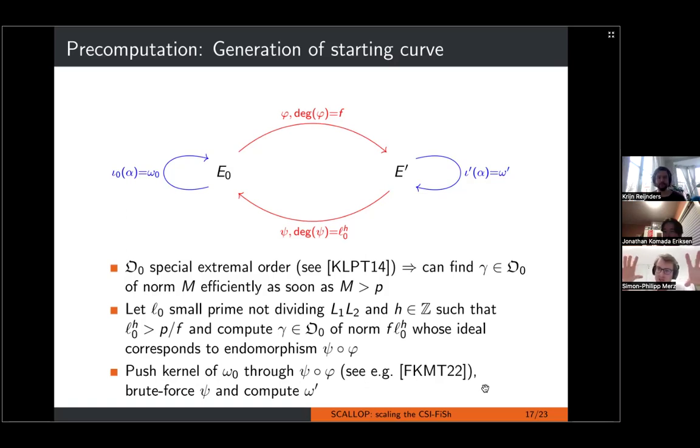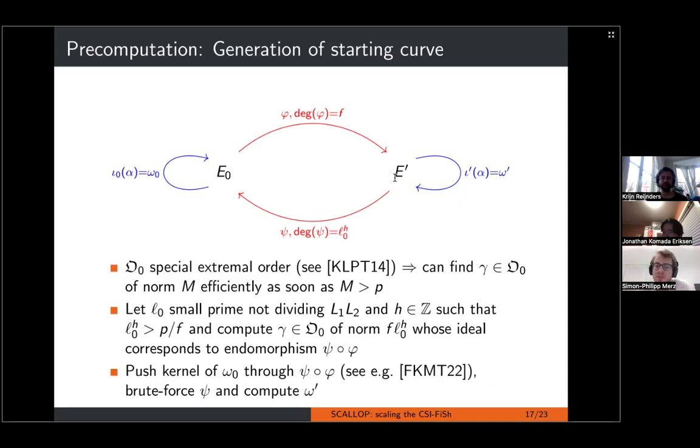Anyways, using this algorithm, you can push the kernel of your O0 orientation on E0 through the endomorphism, which again gives you the kernel on E0. But this time you just have to push it through the shorter isogeny of degree L0 to the H to get to E prime and to recover the orientation on E prime.